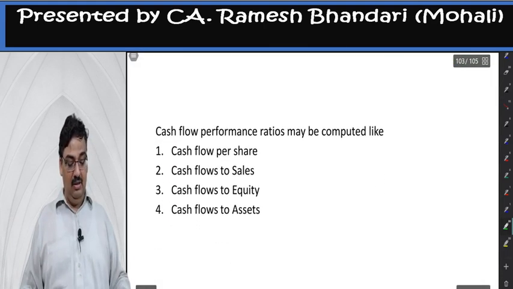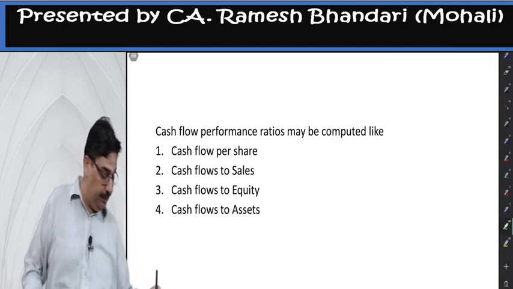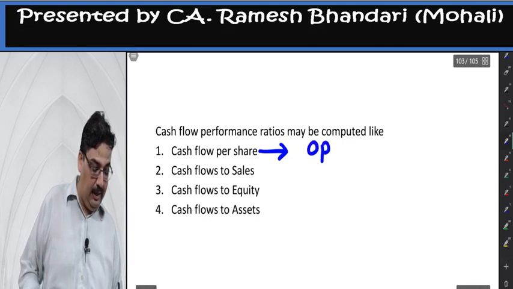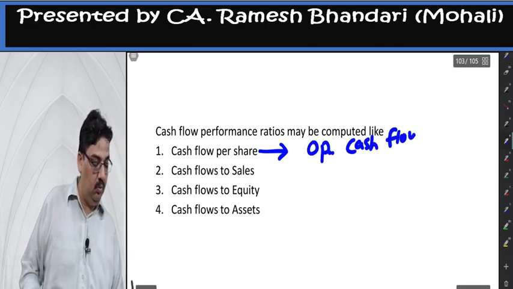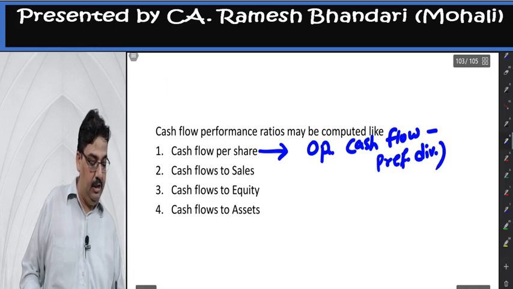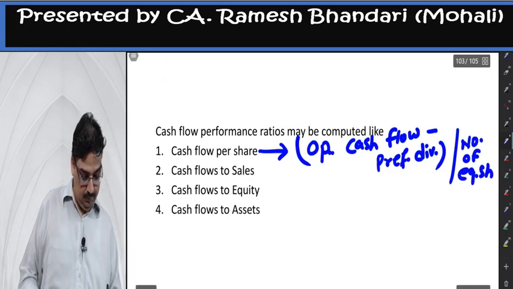Cash flow analysis. Further, they are talking of some ratios related to cash flow. Cash flow per share, they say, operating cash inflows minus preference dividend divided by number of equity shares.